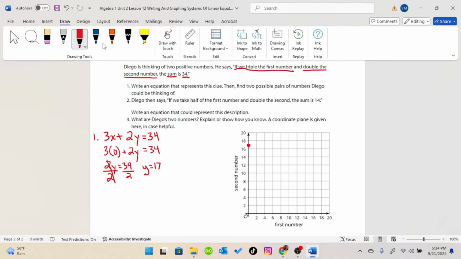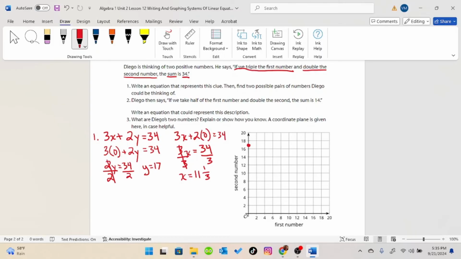Now, let's try it when y is 0. 3x plus 2 times 0 equals 34. 3x equals 34. Divide both sides by 3. And we get x equals 11 and 1/3.